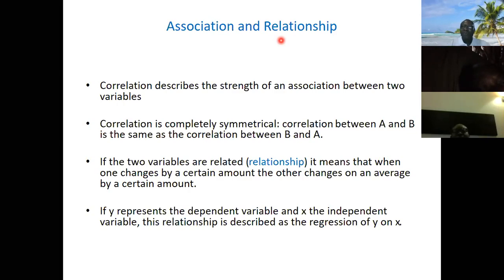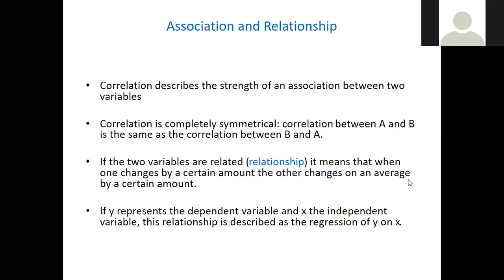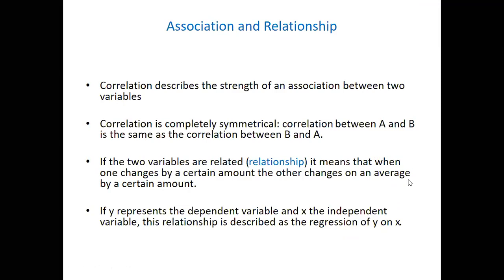By the time we go further, you'll be able to understand very well. The correlation is completely symmetrical, in the sense that the correlation of A and B is also the same thing as the correlation of B and A. So it doesn't matter which one you call first.